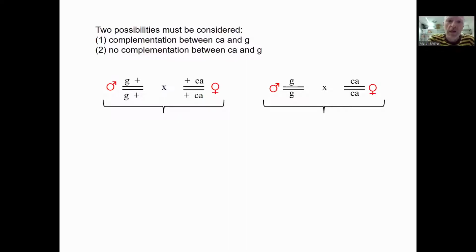There are two possibilities: G is an allele of Claret, or G is not an allele of Claret. They are drawn here. Does it matter whether we collect females from one stock and males from the other stock?